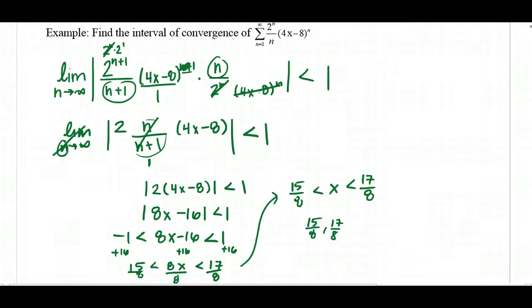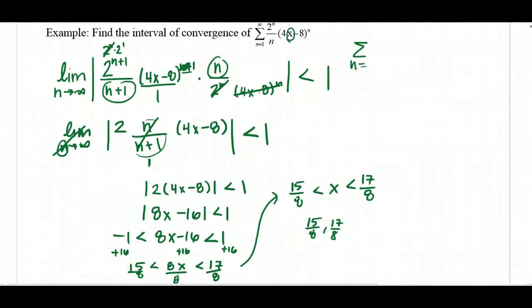I can't just assume it's open or closed on either side. I have to check. So now I have to take 15 over 8 and 17 over 8 and plug both of those quantities into this x and see whether or not that series converges or diverges.